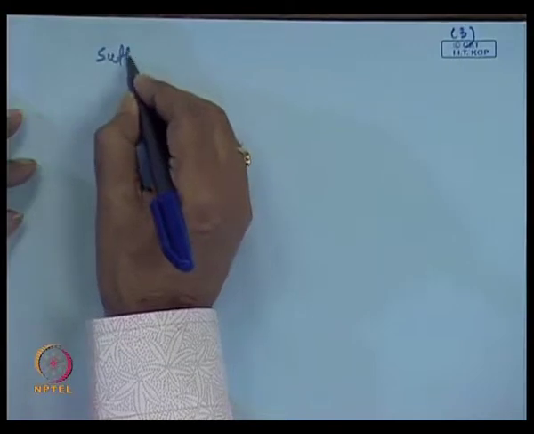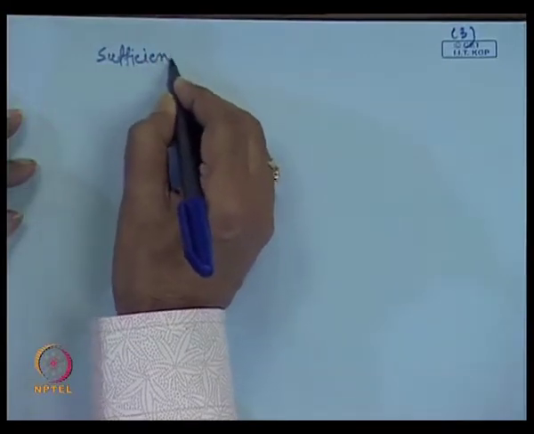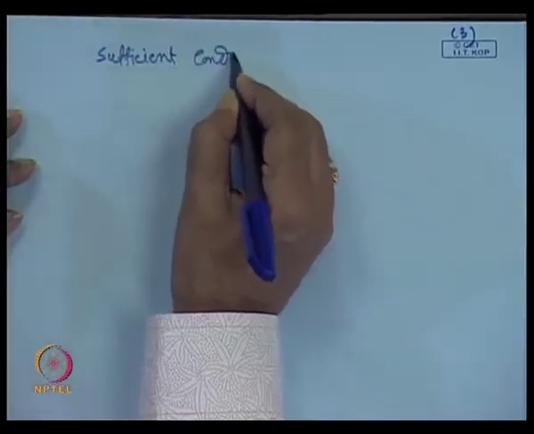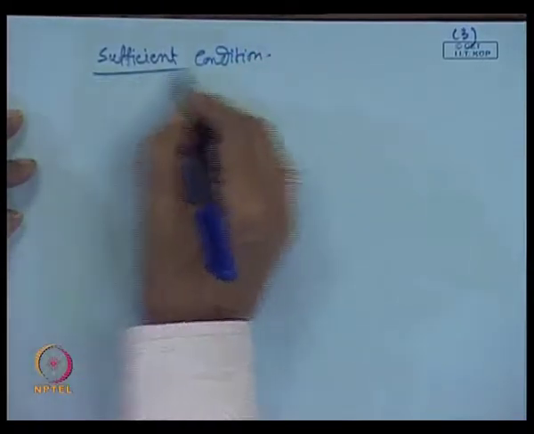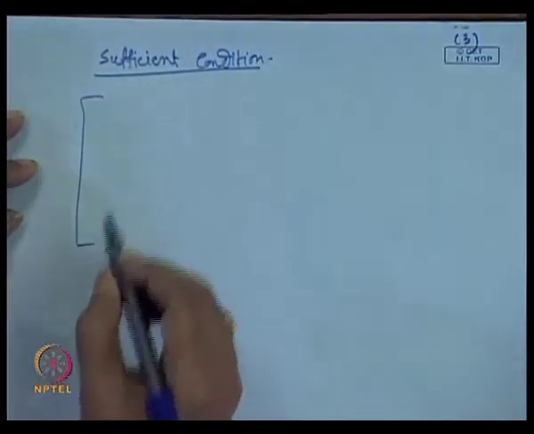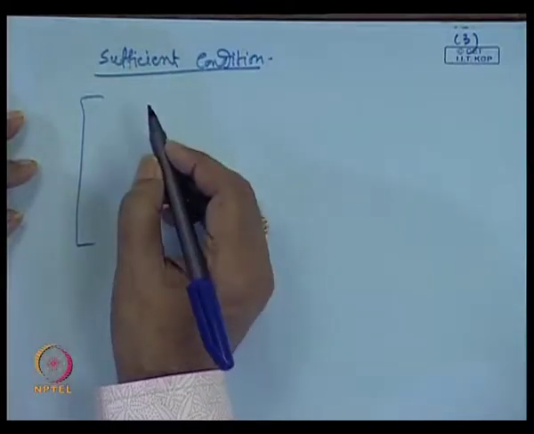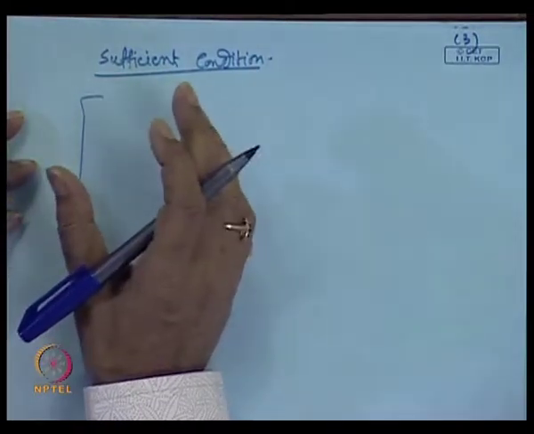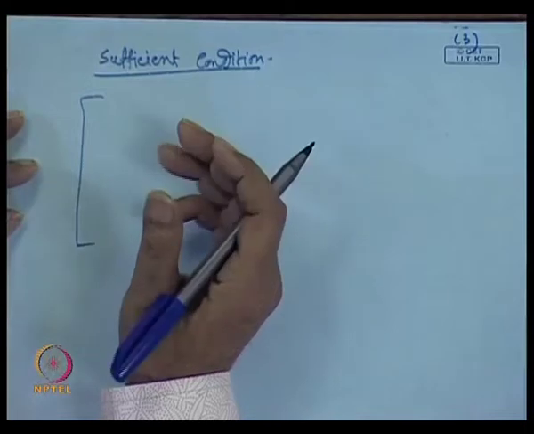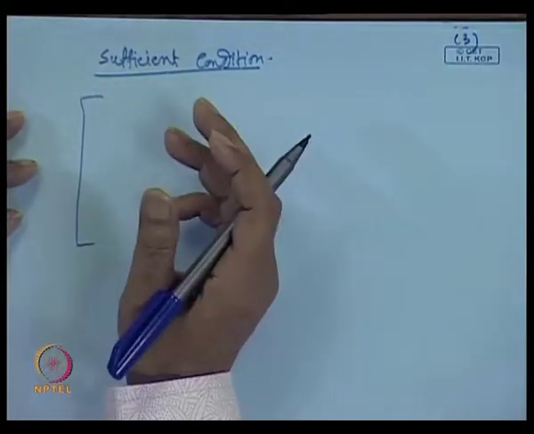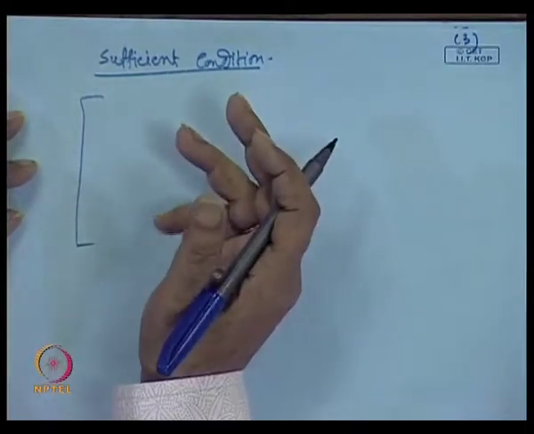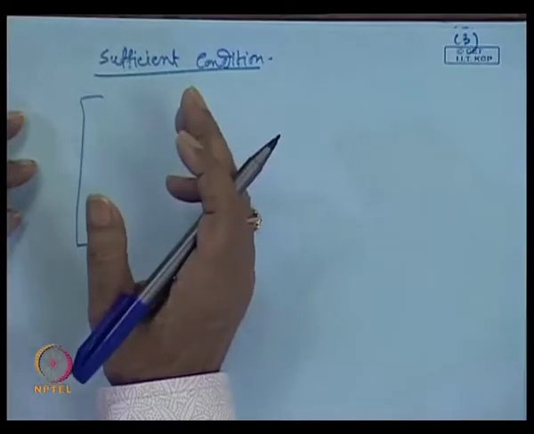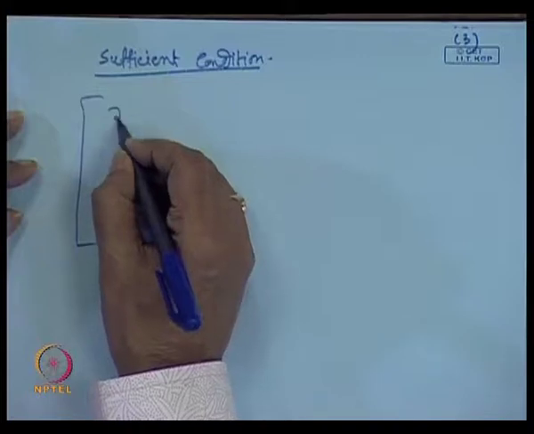So, our sufficient condition: whether the objective function is minimized or maximized along this trajectory, whatever control law u star we have generated, whether the corresponding performance index is minimized or maximized has to be checked with this sufficient condition.